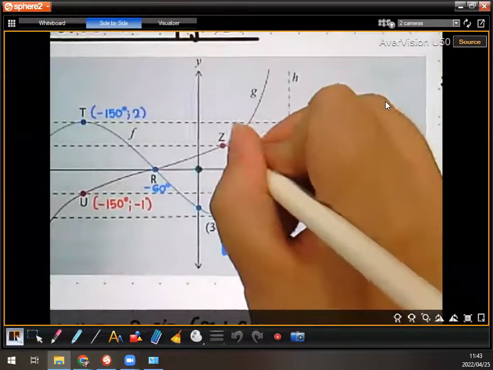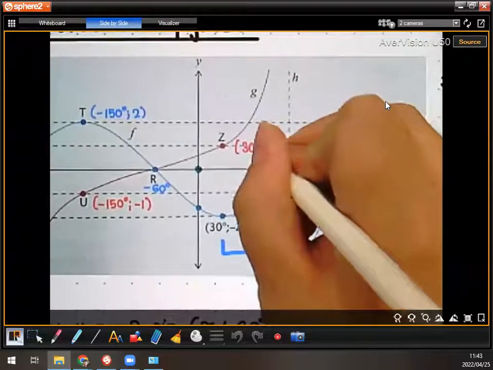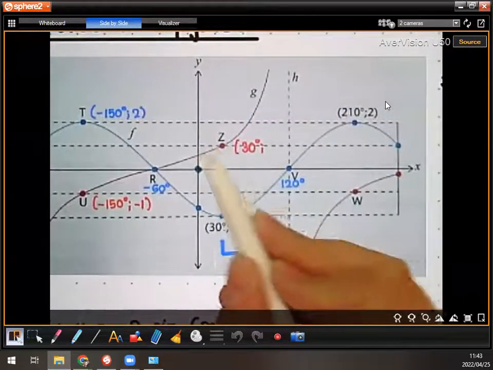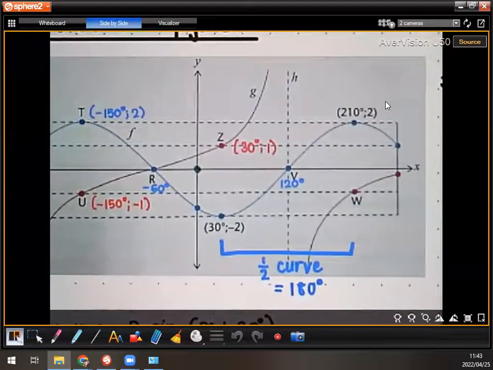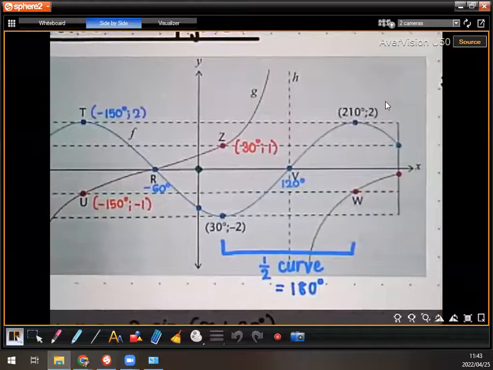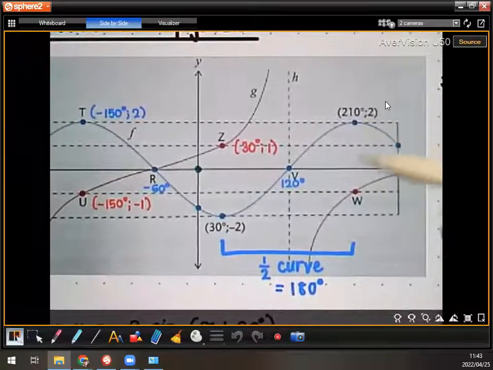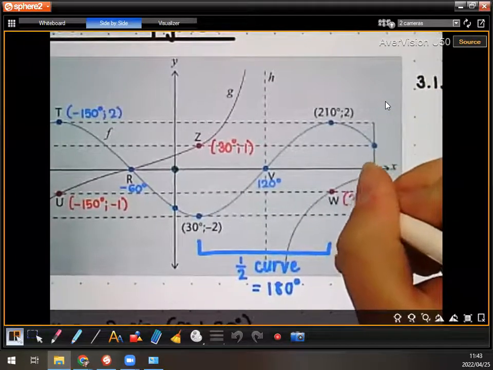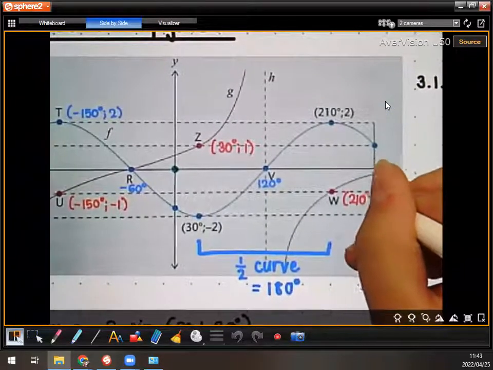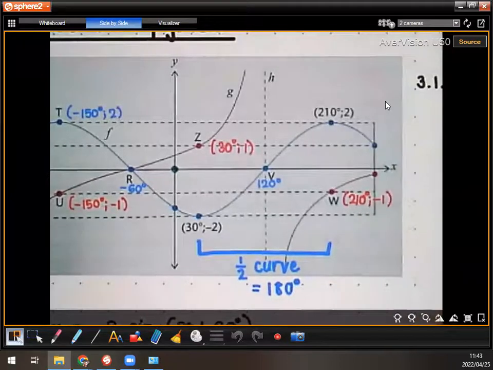So Z also has an X coordinate of 30, but what is the Y value of Z? 1. And then the last one was W, which is just below 210. So W also has an X value of 210 degrees. And the Y value is.